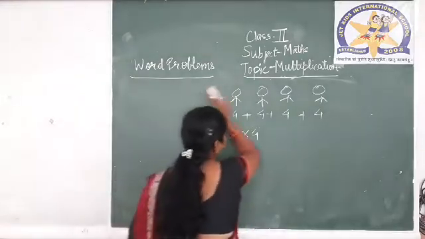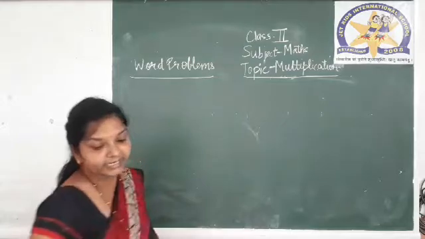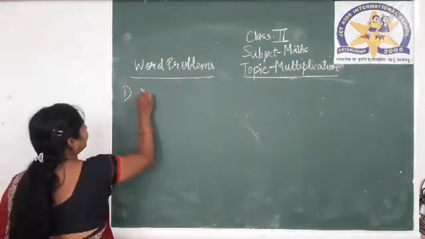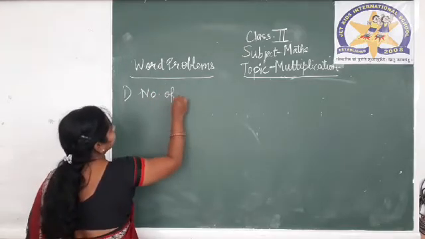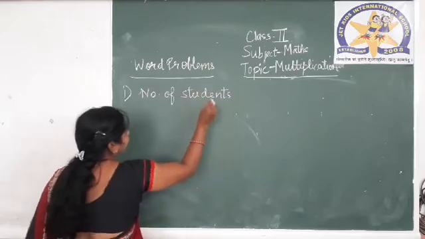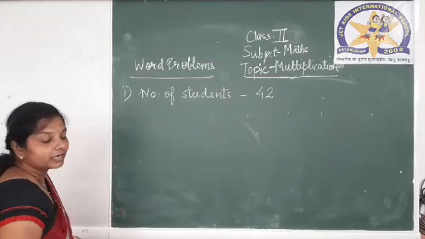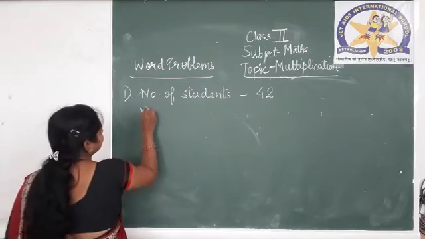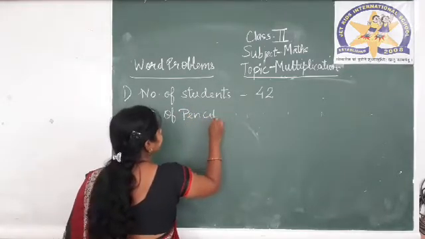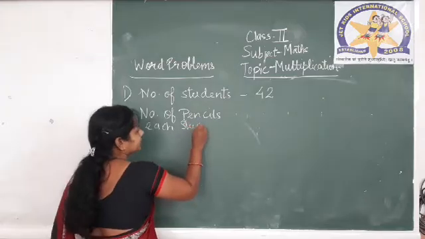So, what will be the first statement here? They said that there are 42 students in a class. So, you will write down number of students in a class. There are 42 students. Then, number of pencils each student has.